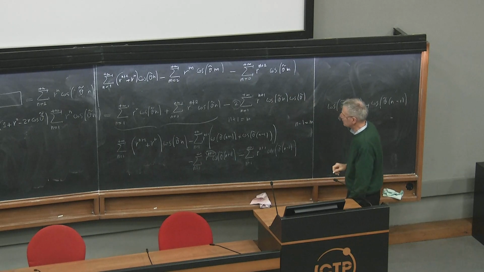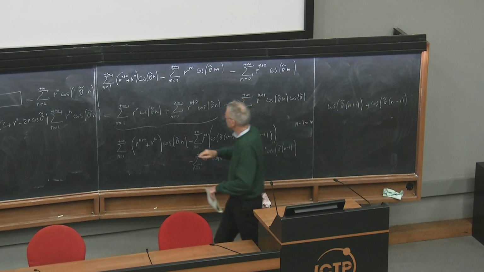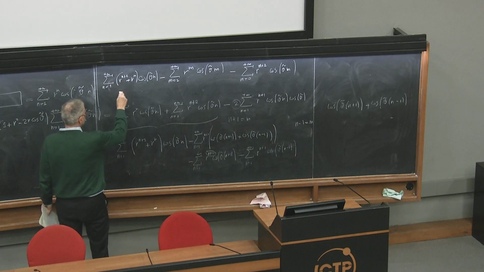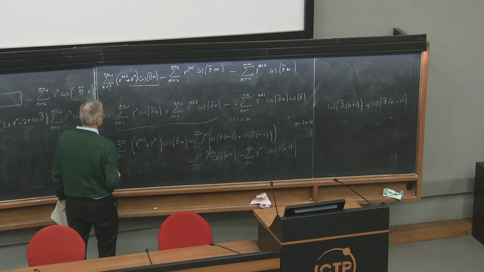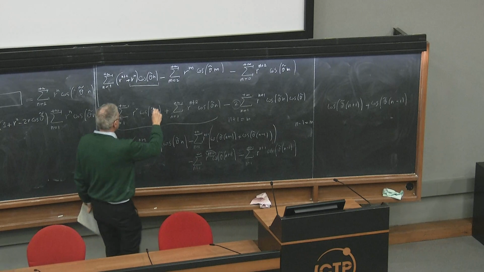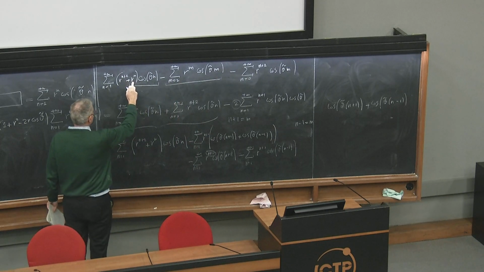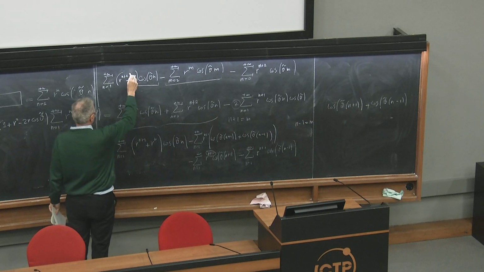Okay. Now there should be several cancellations. In particular, this part here starting from 2 is killed by this. So it should remain only the first term here, n equal 1.